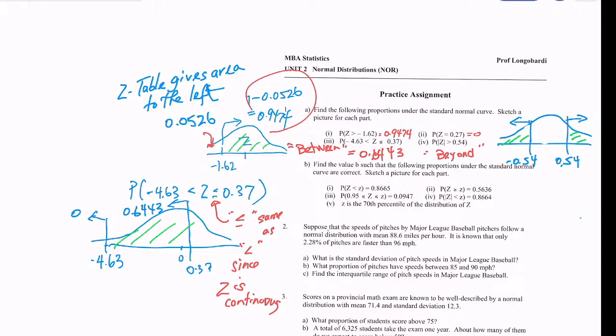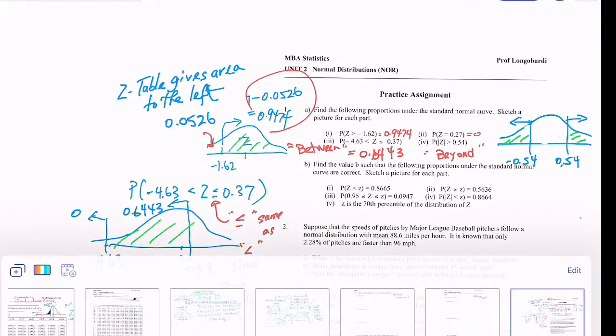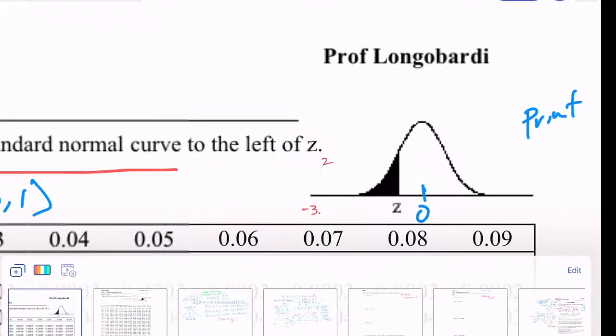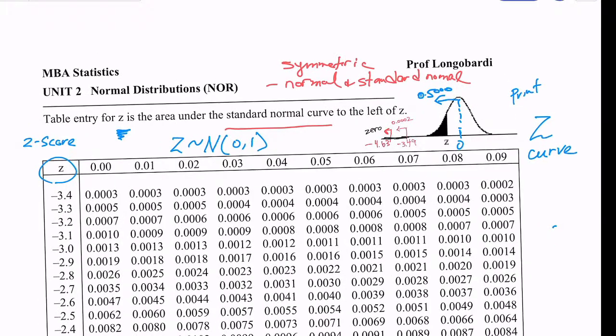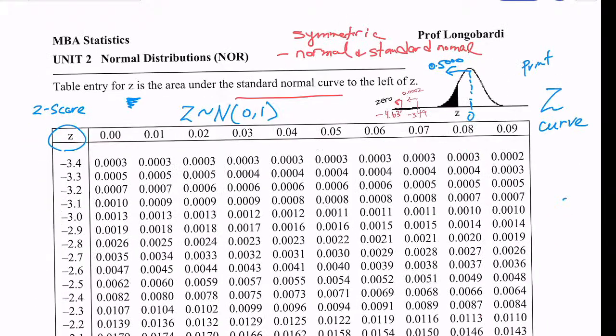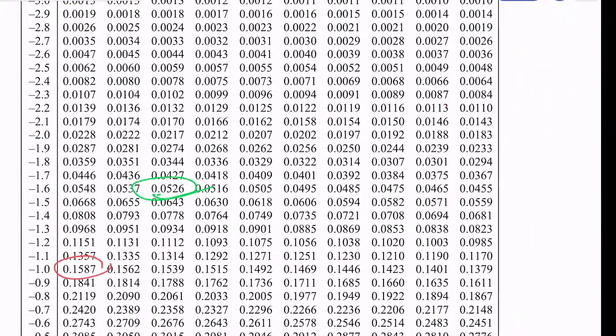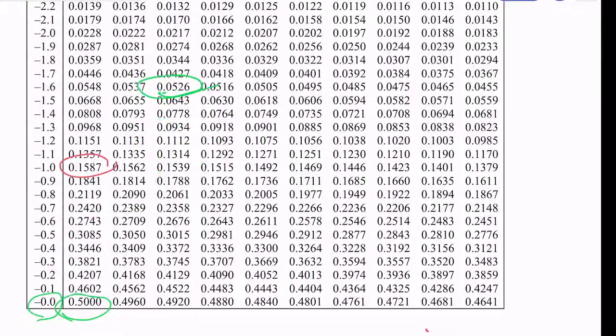I get the probability for negative 0.54, which is down here: 0.2946.